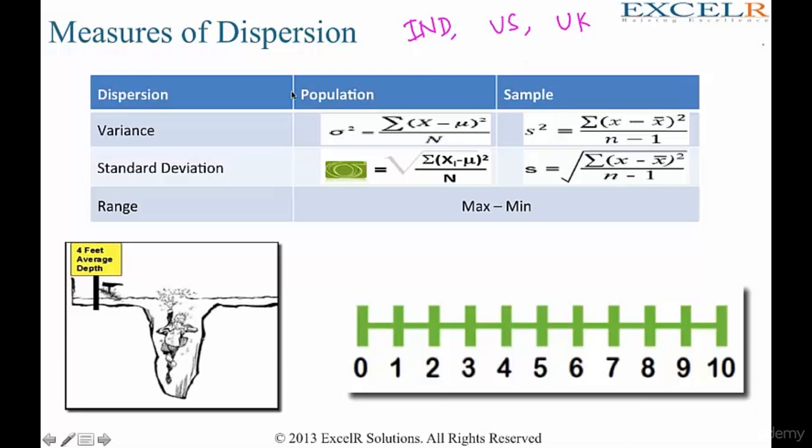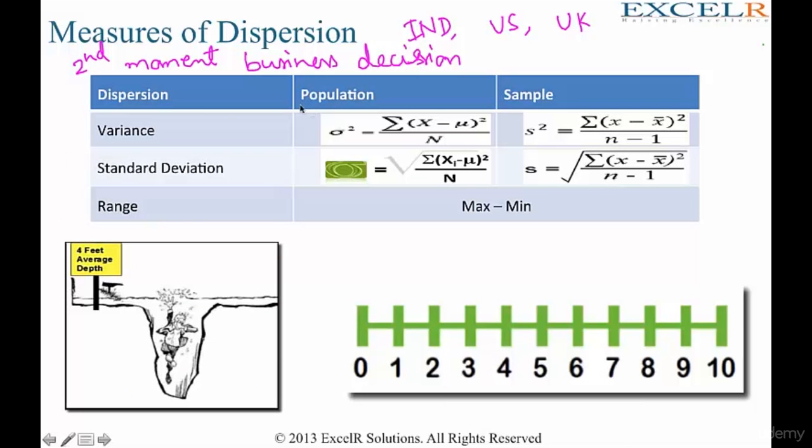Yeah, that would be your obvious second question. Hence, measures of dispersion is also called the second moment business decision.